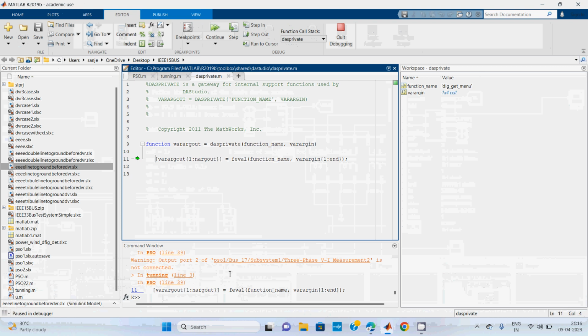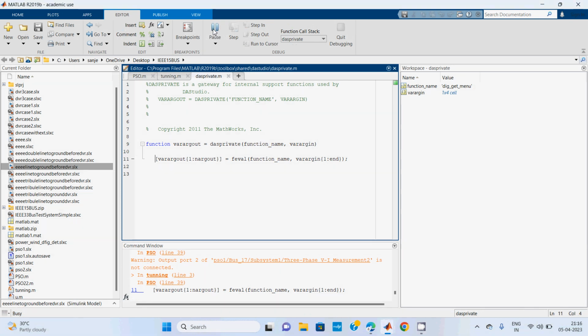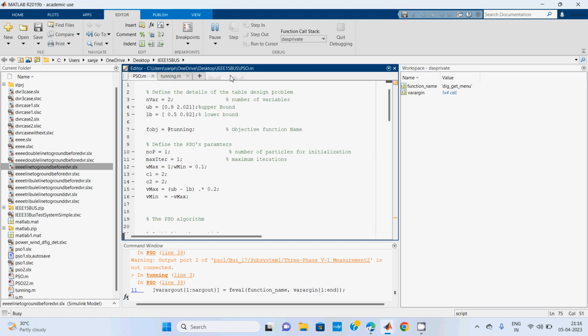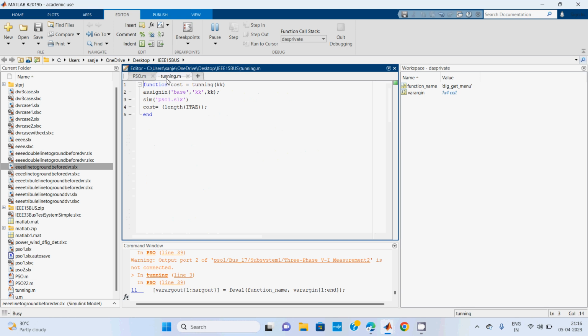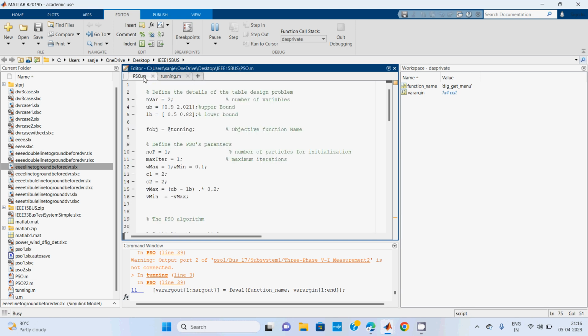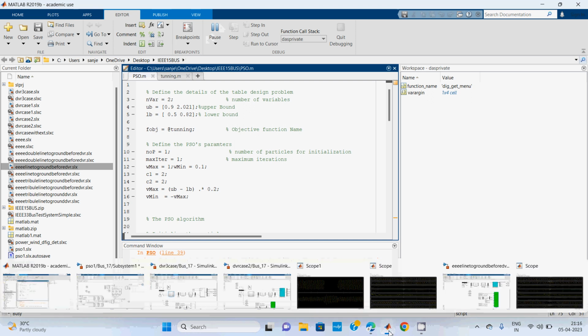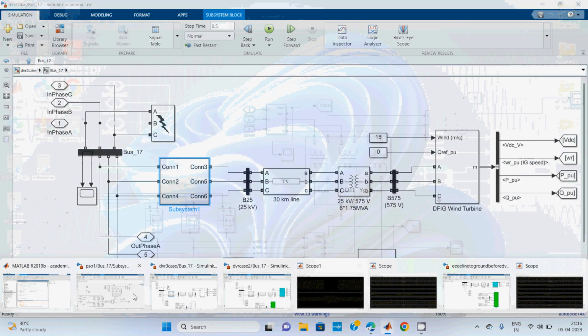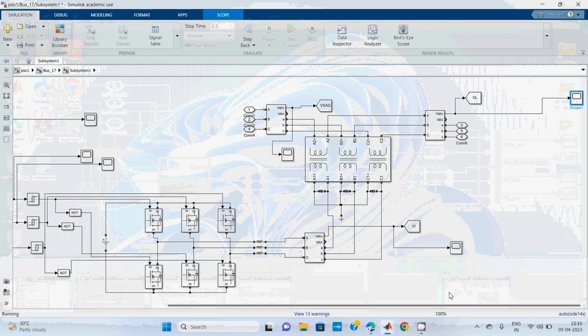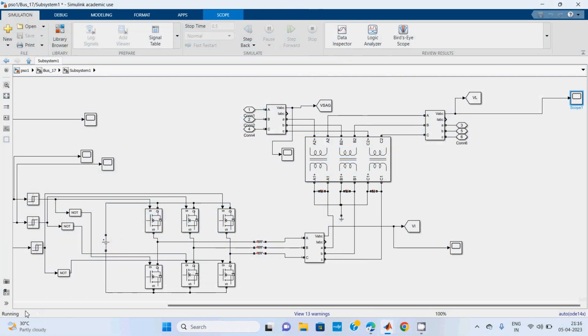So again, I am continuing. It's directly interlinked with the PSO algorithm. So here we don't mention any KK values inside the PI controller.